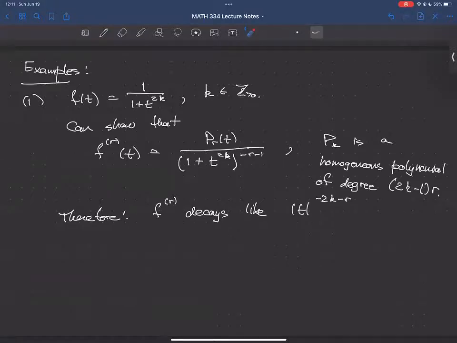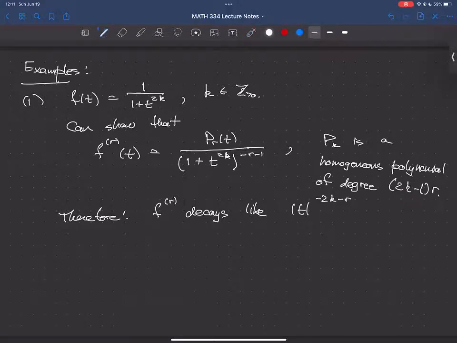I'm getting that from the denominator here. I have a rate of decay for the denominator, and I also have a rate of decay for the numerator, and so I'm just subtracting those.